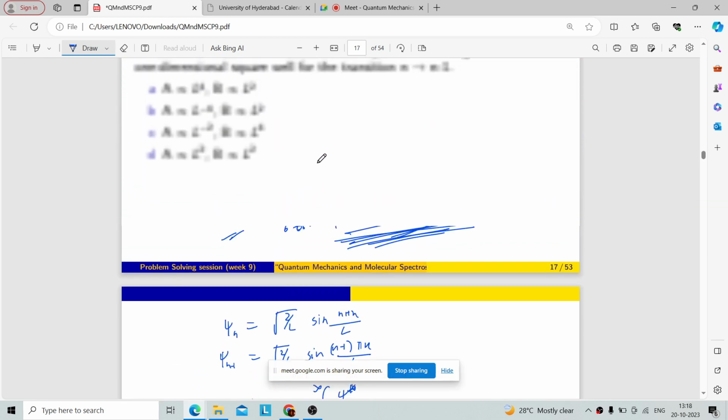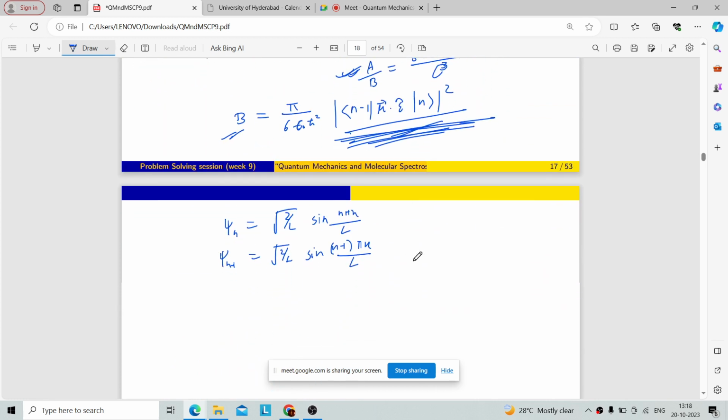Okay, so mu is dipole moment, right? So let's assume this is a dipole and it's in an electric field. In that case, what will be the dipole moment? It will be charge times distance. Let's say this is an electron, so the charge is minus e. So the dipole moment is charge times radius.